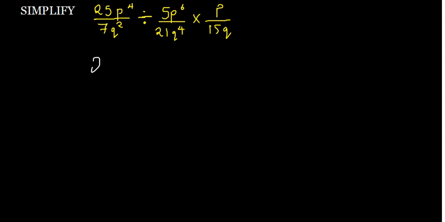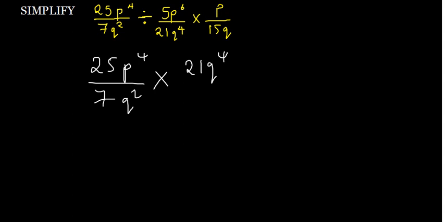So we're going to have 25 p to the power 4 over 7q squared, and then becomes times. So what was down goes on top, 21 q to the power 4 over 5 p to the power 6, and then times we're going to have p divided by 15q. And then from here we'll start dividing, all right?